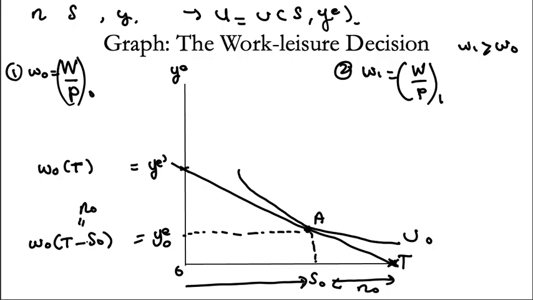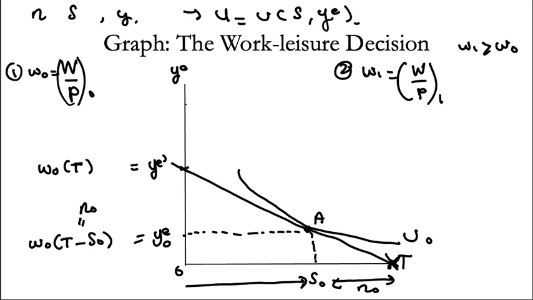So what do you expect? What will happen here? At this moment, if he doesn't work, even if the wage increases, he's still here. But if he works, he may receive higher than YE prime, if he works all of the time.